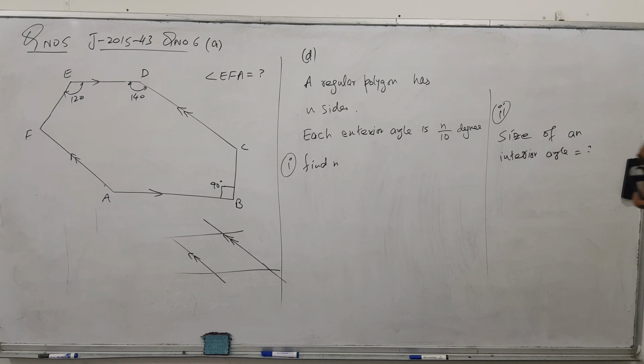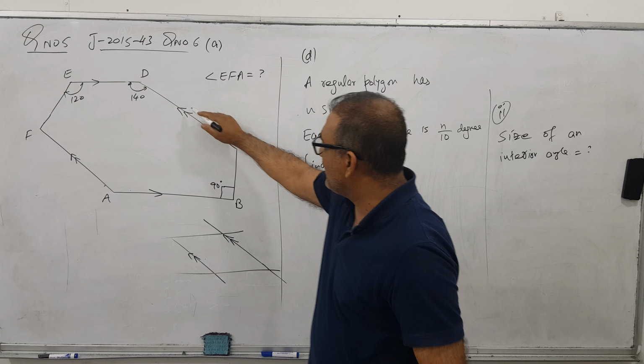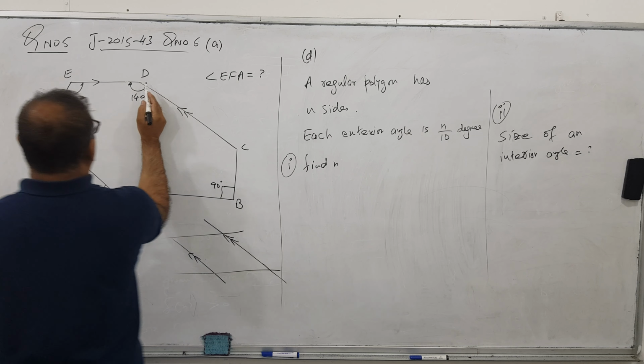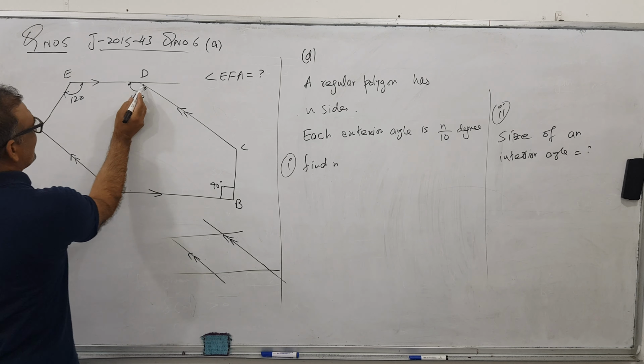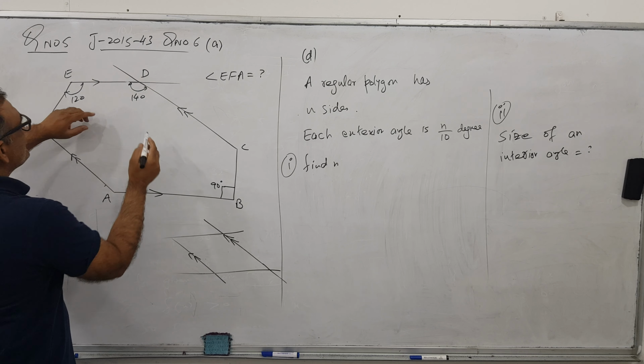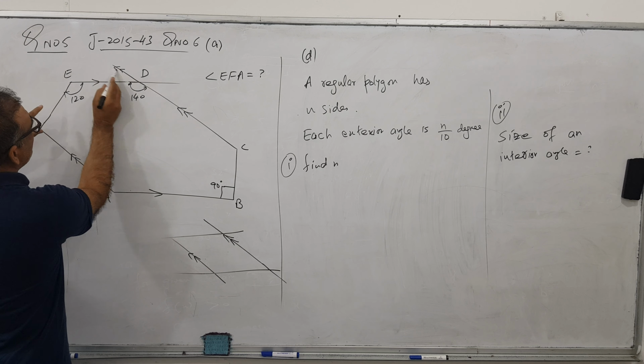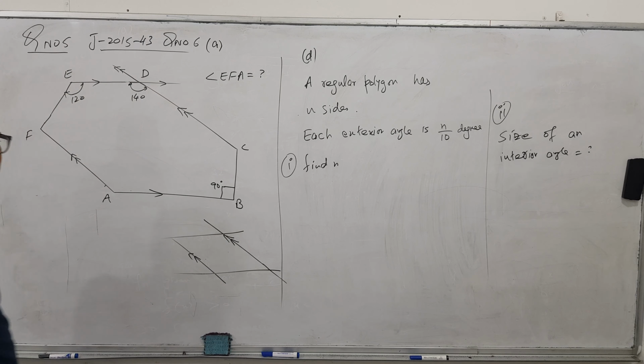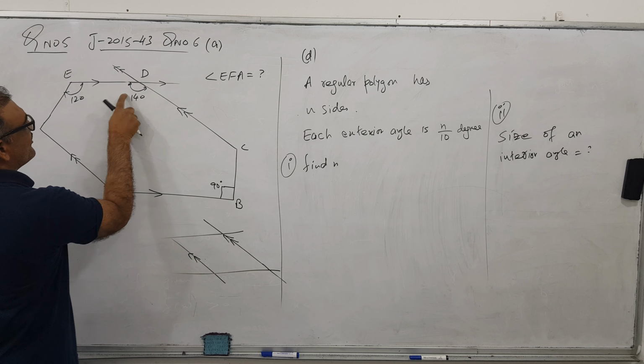So come back again. If I extend forward and backward, this is double arrow, this single arrow, and this backward double arrow. You can see here double arrow and single arrow, and the angle between them is here 140.